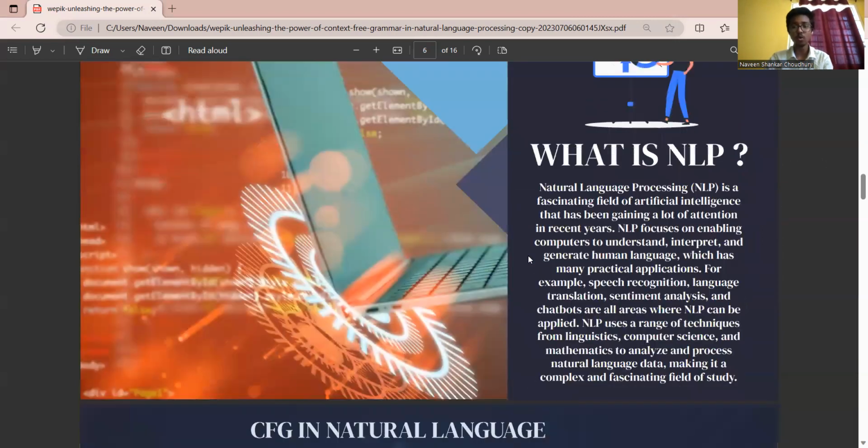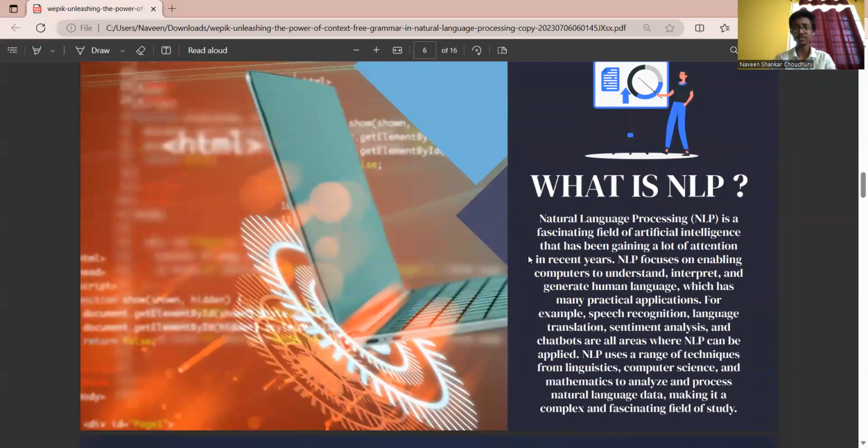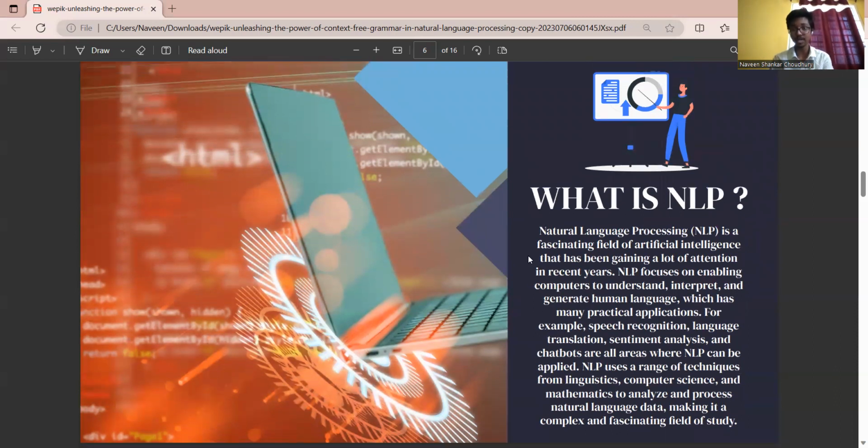Next, what is NLP? It's a terminology which we hear very often and is used really well in everyday life. We hear about it every day, right? NLP is a fascinating field of artificial intelligence that has been gaining a lot of attention in recent years.